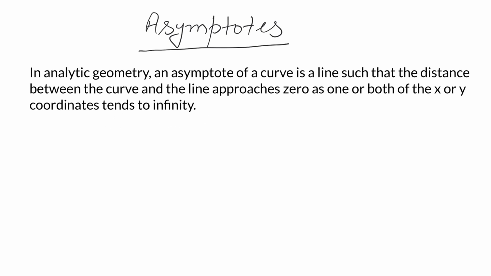So we can call an asymptote a line that touches the given curve only at infinity and moves parallel to itself, in such a way that the distance between the line and the curve is very small, and they will never touch except at infinity. Or we can also say that the line and the curve will move parallel to each other.